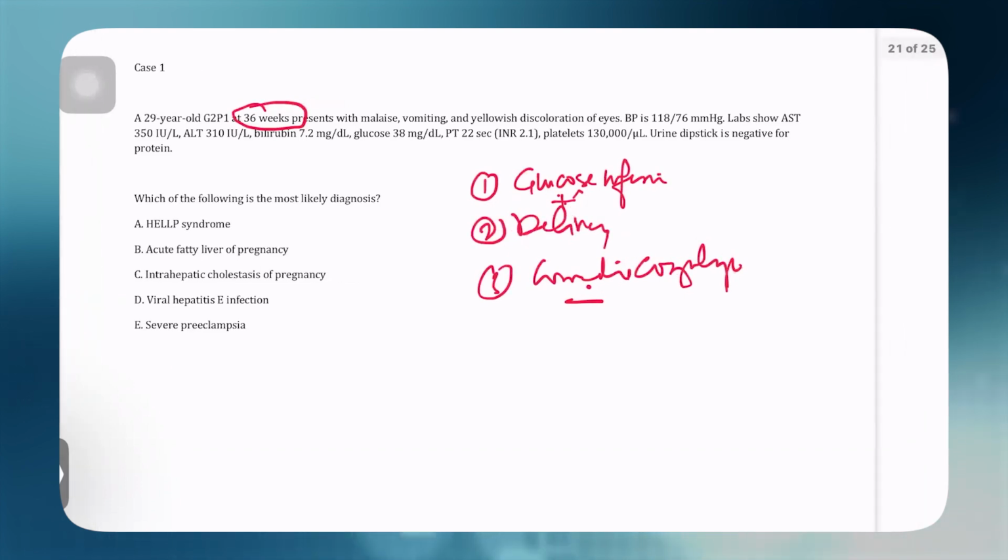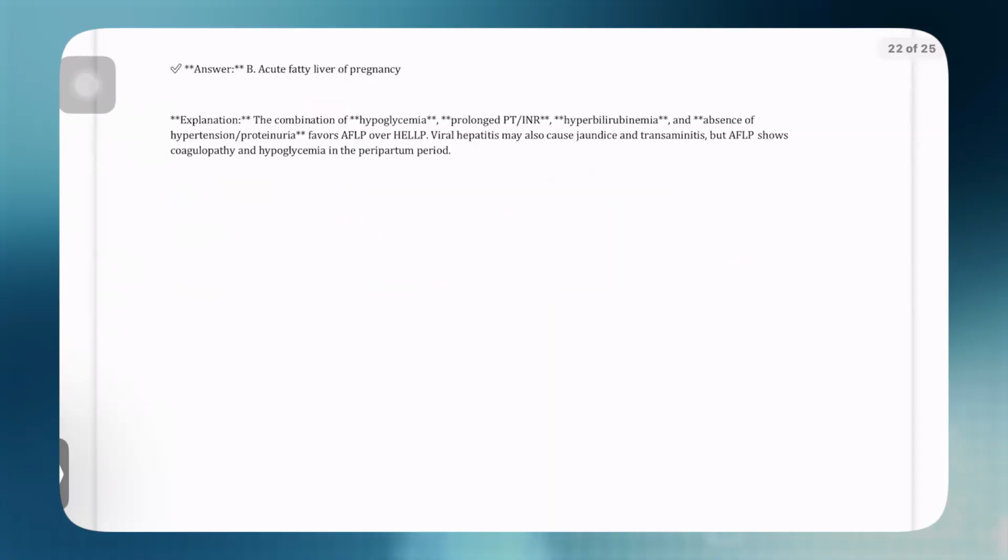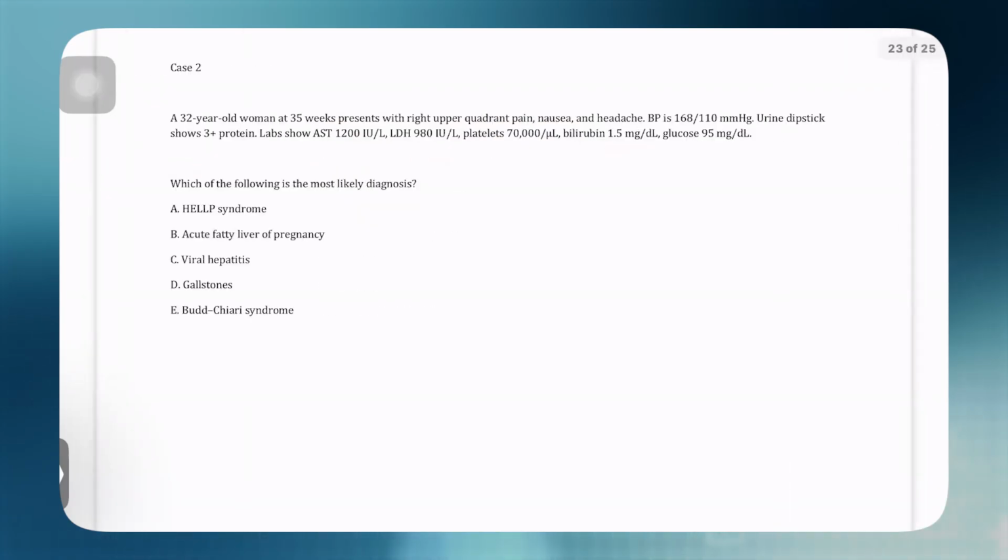No BP control is required. Nothing else. So the answer is AFLP. The combination of hypoglycemia, prolonged INR, hyperbilirubinemia, and absence of hypertension or proteinuria favors AFLP over HELLP. Viral hepatitis may also cause jaundice and transaminitis, but AFLP shows coagulopathy and hypoglycemia in the peripartum period.